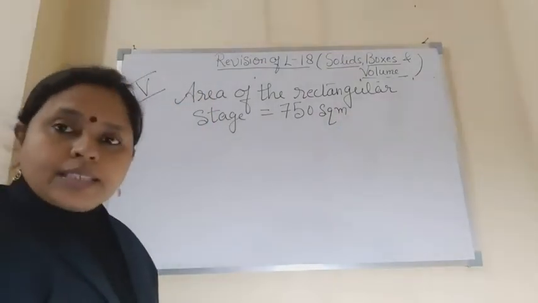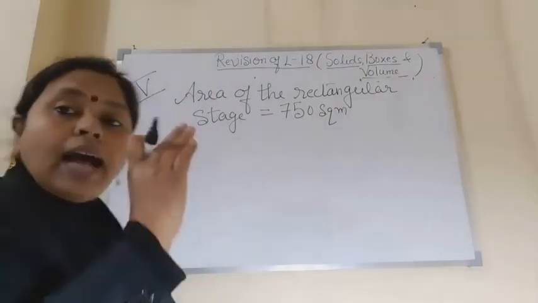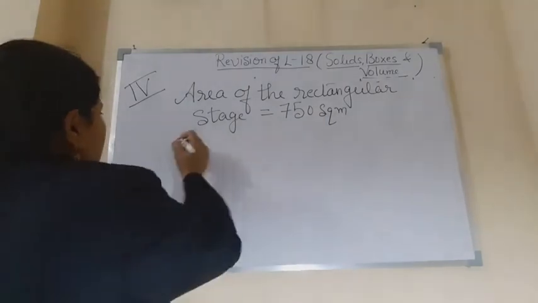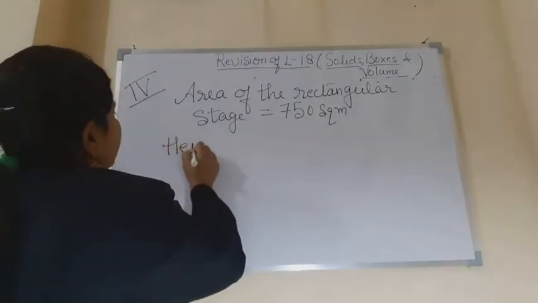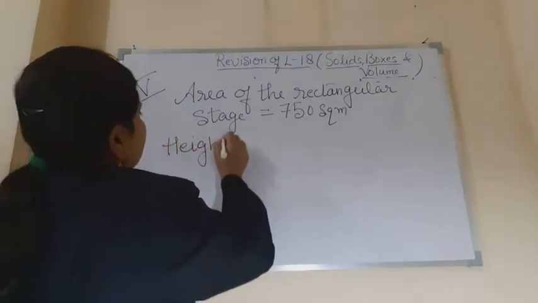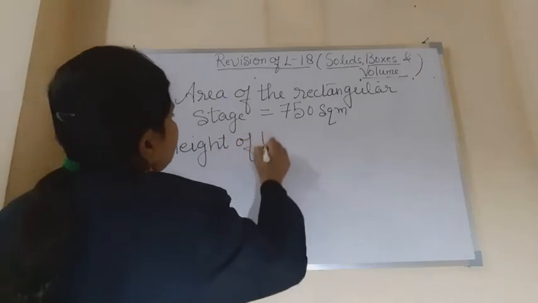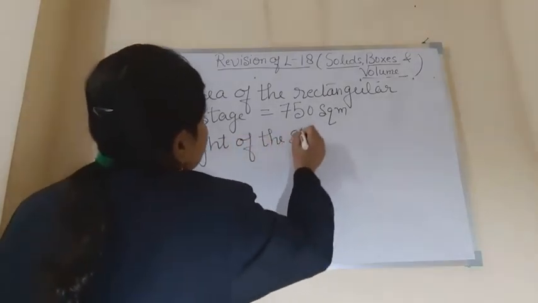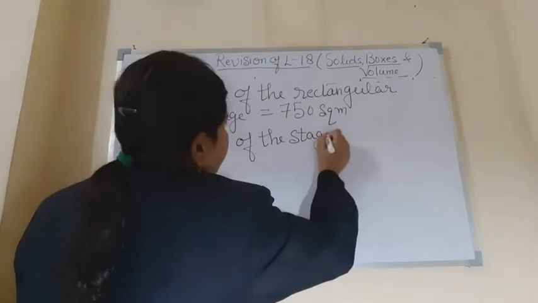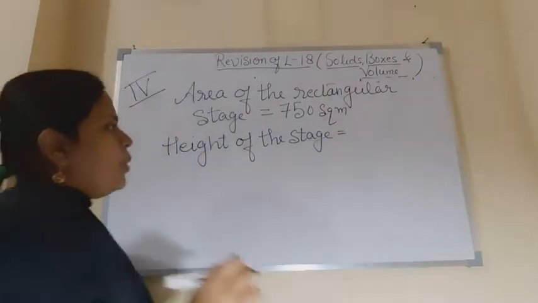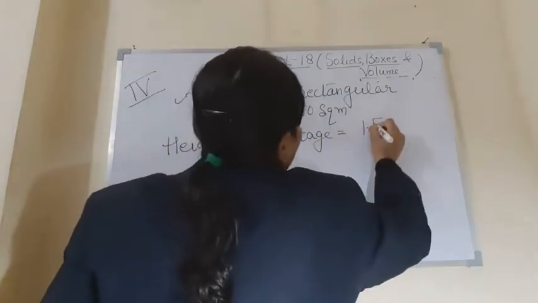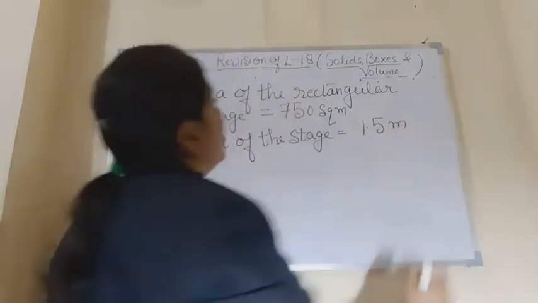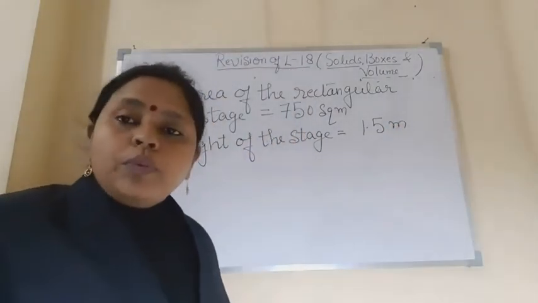So this is given in the question. And the height of the stage is also given, which is 1.5 meter. Now we have to find out the volume of the stage.